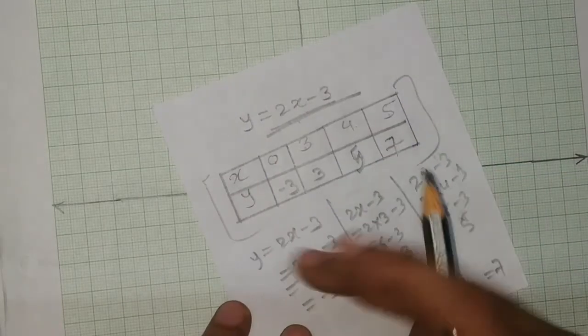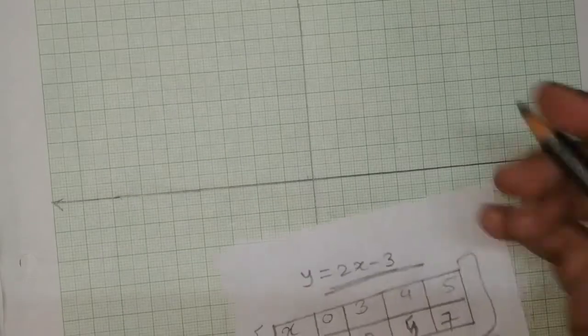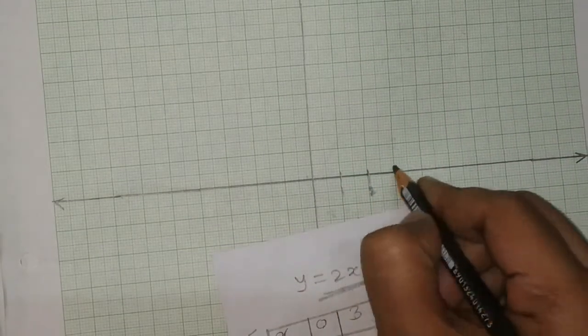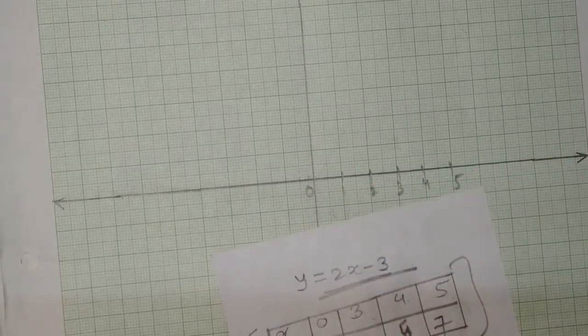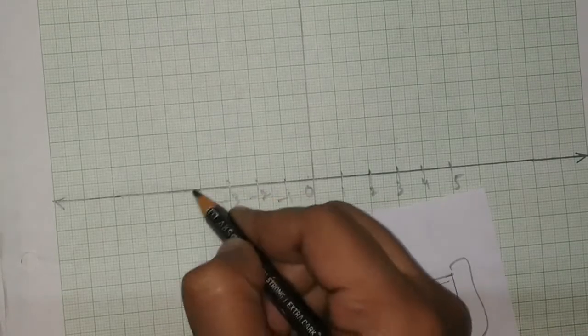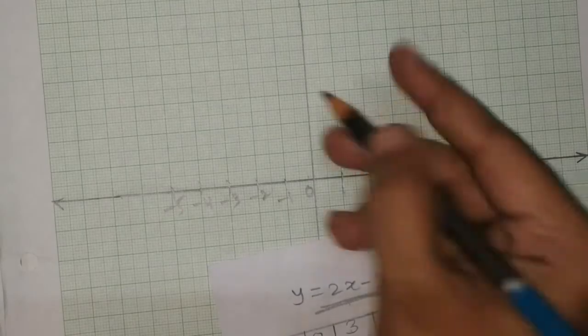We'll plot them here. If you see, one is negative, so we need to take the other quadrants here. I will take on the x-axis up to 5. 1, 2, 3. This is 4 and this is 5. This is 0. Here I will take minus 1, minus 2, minus 3, minus 4, minus 5. On y I need to go up to 7.